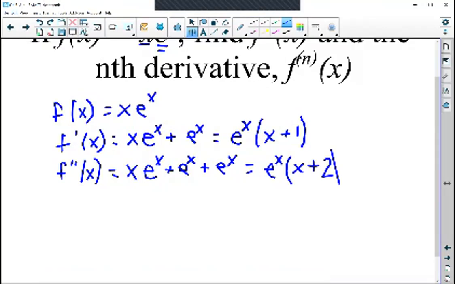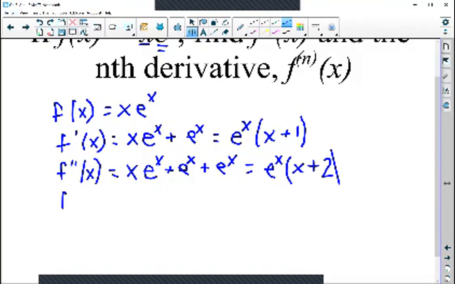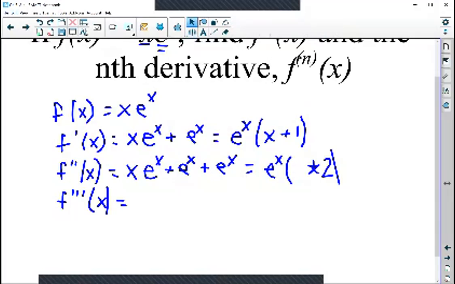Try a third derivative. Actually, before I do that, I'm going to do one more thing. Maybe. There we go.